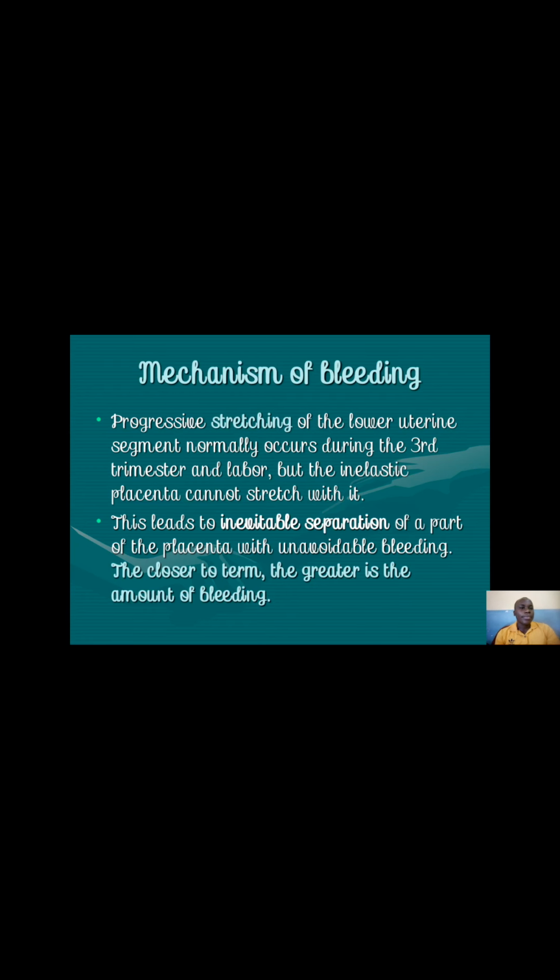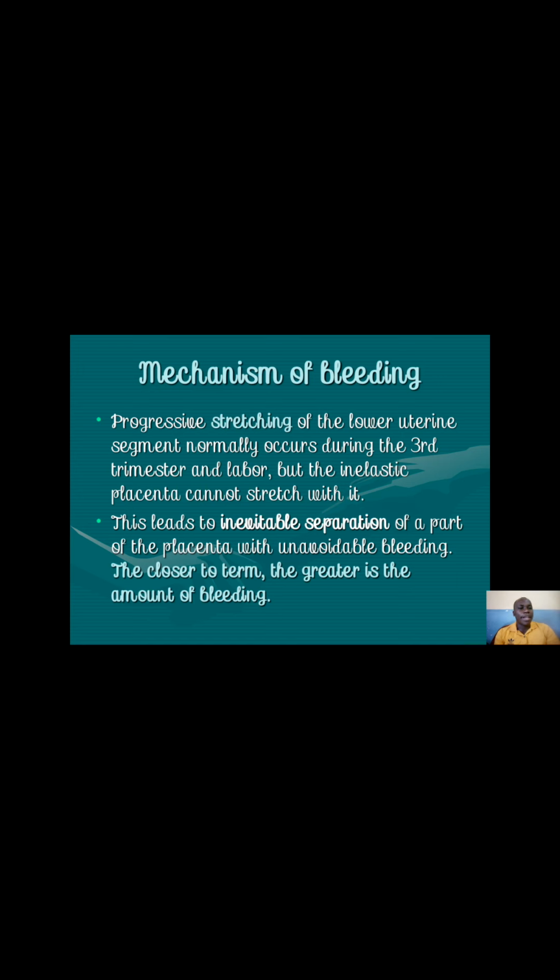Mechanism of bleeding. Progressive stretching of the lower uterine segment normally occur during the third trimester and labor, but inelastic placenta can not stretch with it. This led to inevitable separations of a part of the placenta with available bleedings.